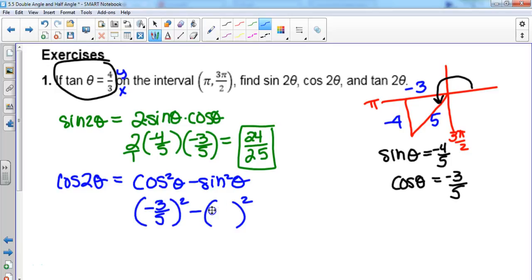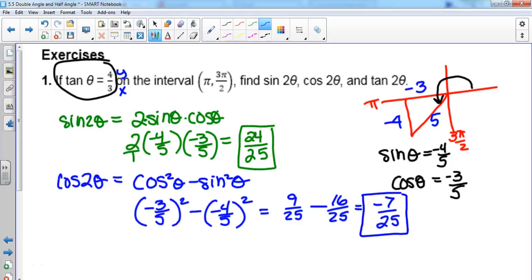And the sine. Okay, when I square those, I get 9/25. Be careful. Squaring top and bottom, and a negative becomes a positive. Minus, square this guy in this parenthesis, and I get 16/25. So what happens when I subtract? -7/25. Is everybody okay?